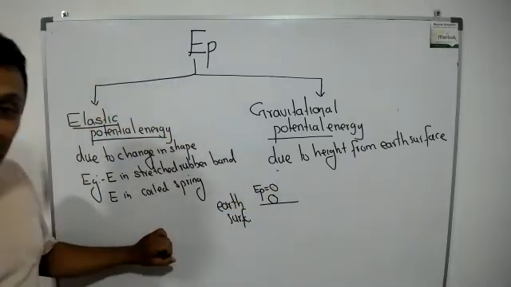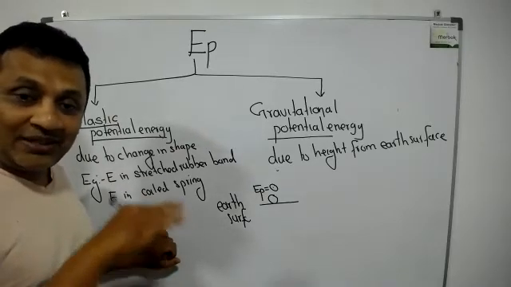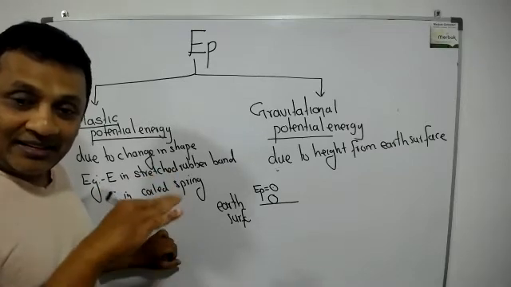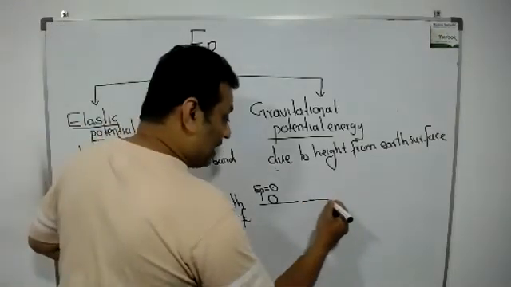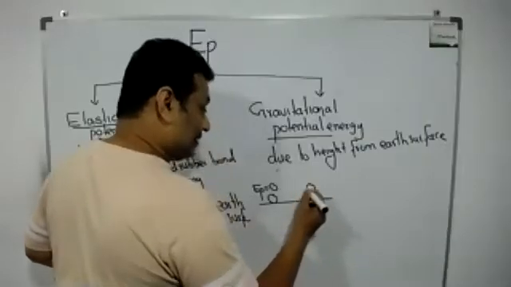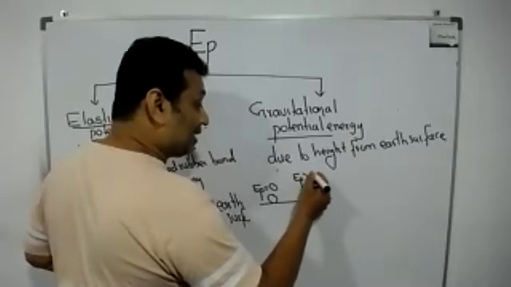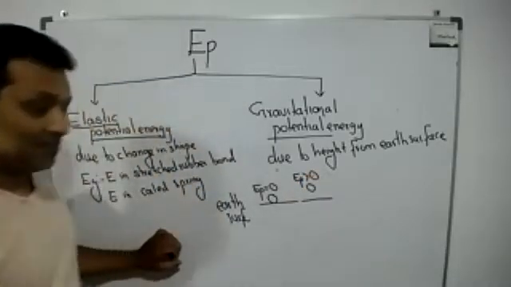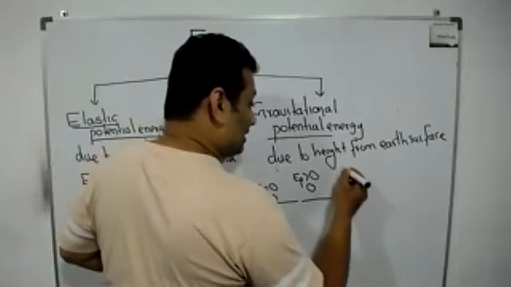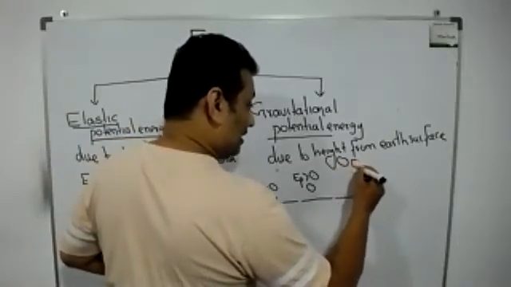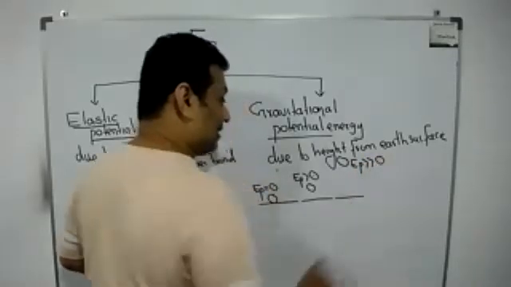You are standing on the land. If you are standing on the land, your potential energy is 0. When you stay above the land, now your potential energy is greater than 0. When you go and stay taller than this position, here the potential energy is much greater than 0.